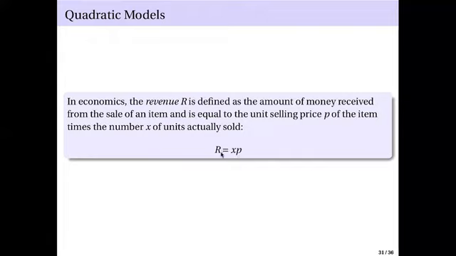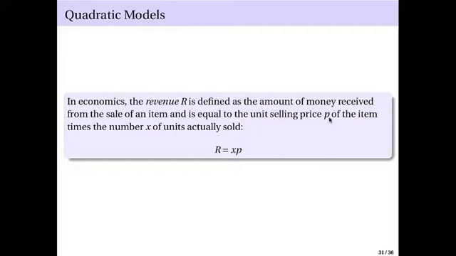Take note, this is revenue. This is different from profit. Your profit is your revenue minus your cost. So revenue is just the income of selling units at a unit price.